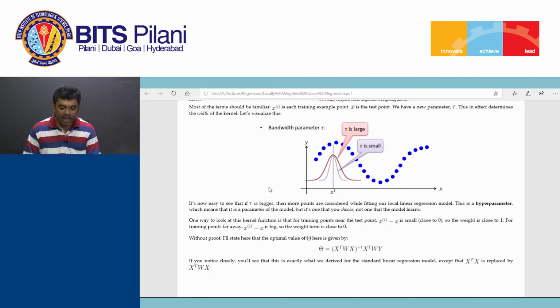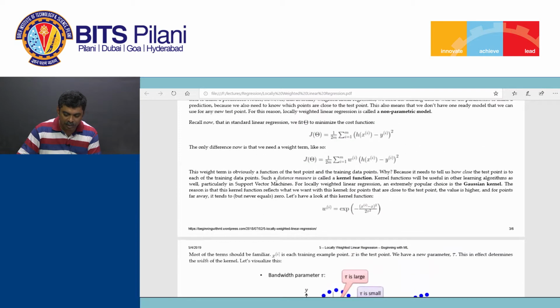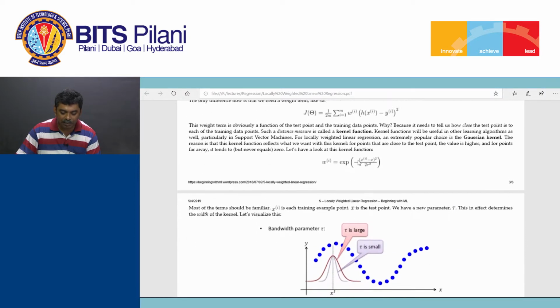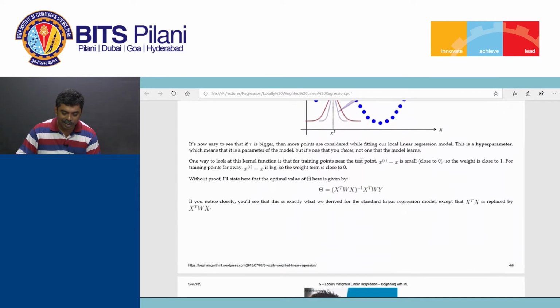I'm not going to go through the proof, but if you use the loss function, which is a minor tweak of this, basically you will end up getting something like this. Now, in regression without the weight parameter, we are not talking about locally weighted linear regression here, we are only talking about linear regression, so this W is missing.